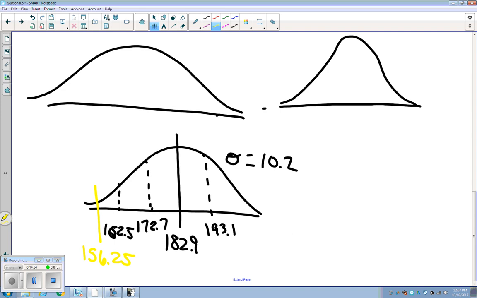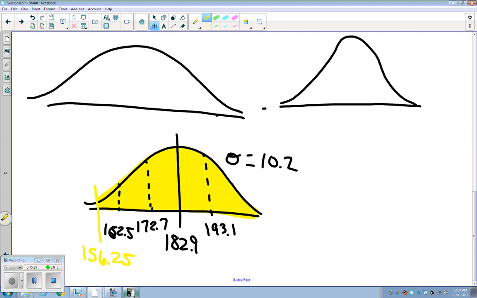See how much that's going to change that? And I want 156.25 or larger. All of these samples of 16 men would have an average. Wow, that's scary. So let's find out how many.